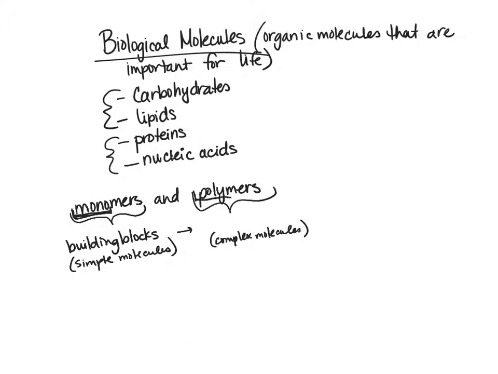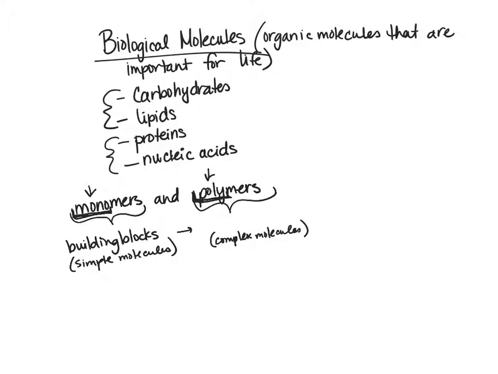Polymers has the word poly meaning many. So this is where we're going to take our one individual block, our monomer, and we're going to put lots and lots of them together to make polymers, poly meaning many. So this is where we get this complex molecule and our simple molecules.